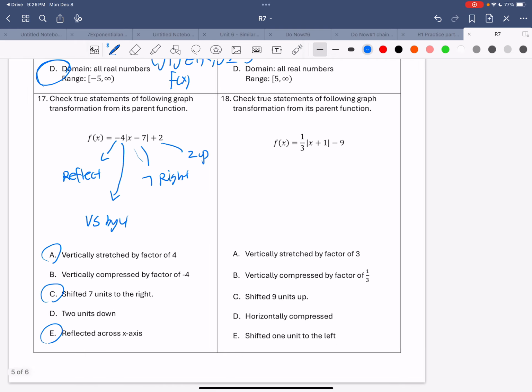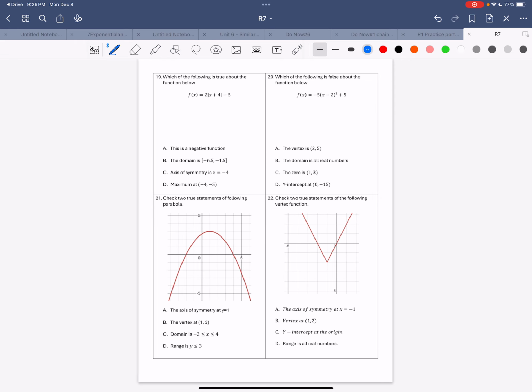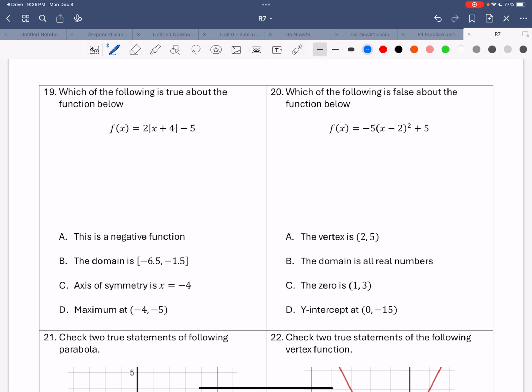We're almost there. This is the last page. Which of the following is true about the function below? So we got this function here, and the question is asking which one is true. Now I see what I missed in the review: I missed the solving equation portion.